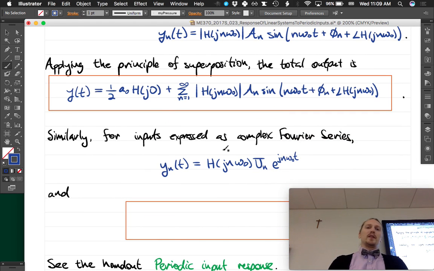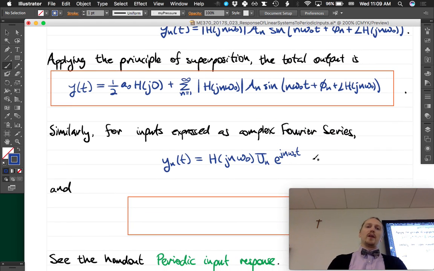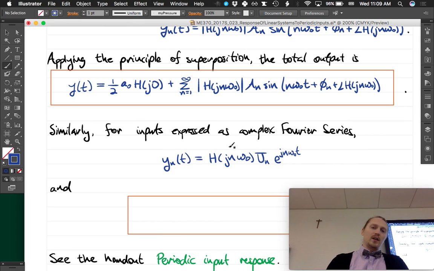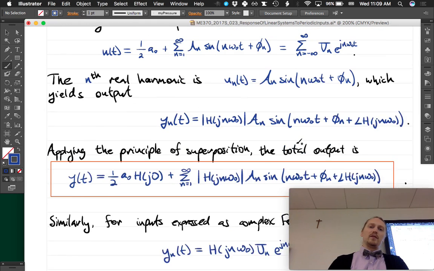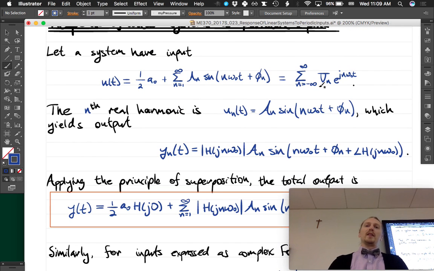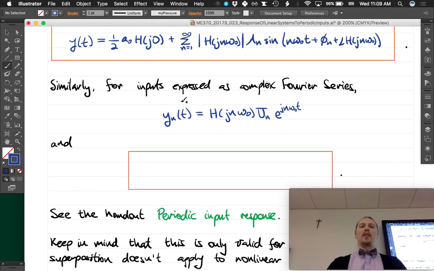Similarly, for inputs expressed as complex Fourier series, we could represent the input as being this expression. And that gives us an output for each term of, instead of having to take the magnitude and the phase separately, we can just multiply the complex number, which is nice.